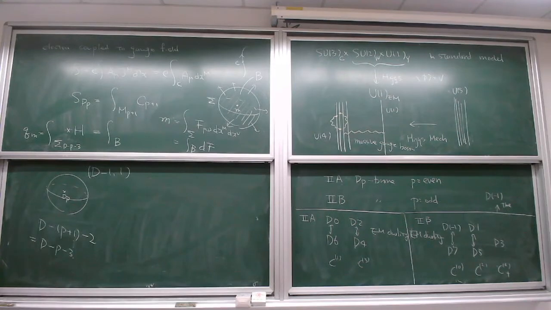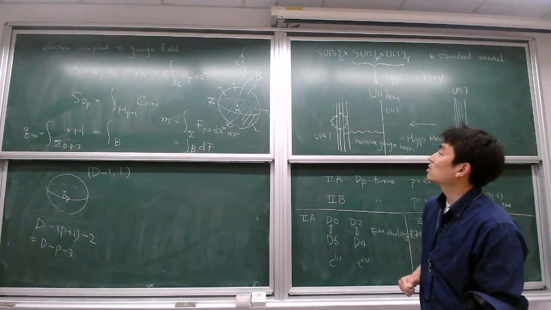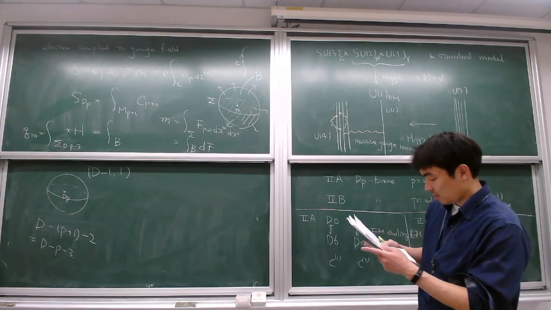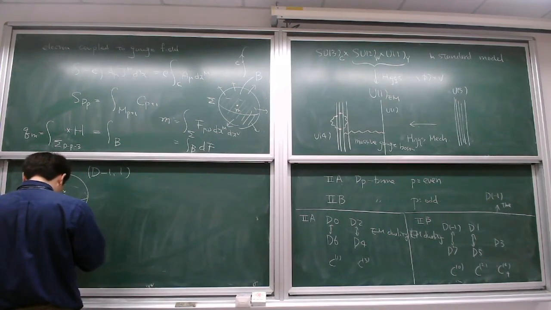Sorry, I think I made a mistake. It should be D minus 1. I got confused. In D, how do you do that? It should be D minus p according to this.